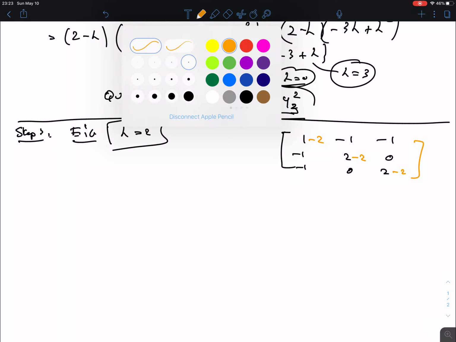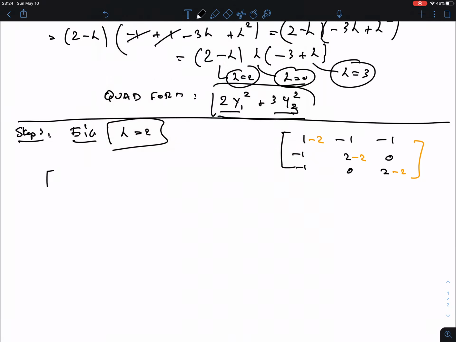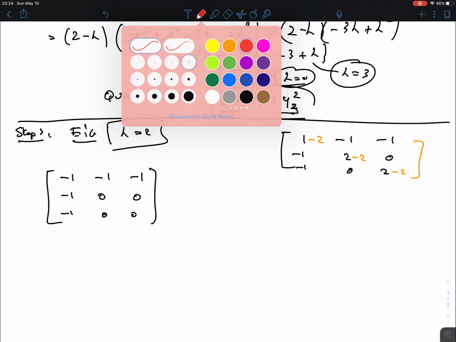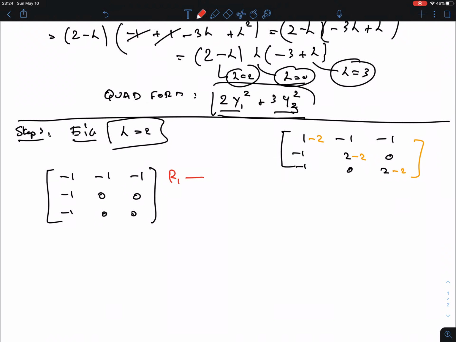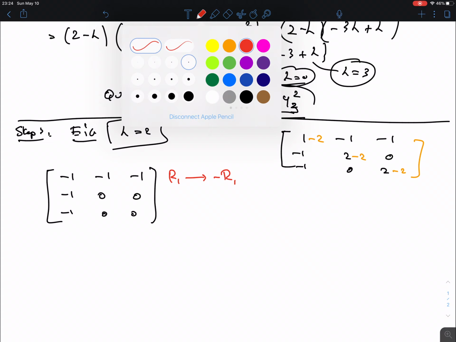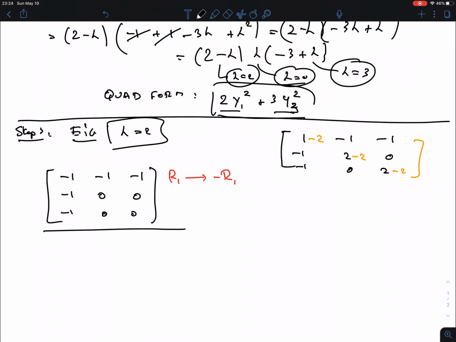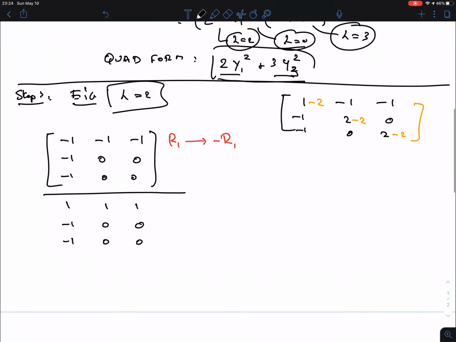So the matrix that I get here, of which I have to compute the eigenspace, the null space, is minus 1, minus 1, minus 1, minus 1, 0, 0, minus 1, 0, 0. Except for the negative 1, that's a bit annoying, so let's get rid of that. I get 1, 1, 1, minus 1, 0, 0, minus 1, 0, 0.